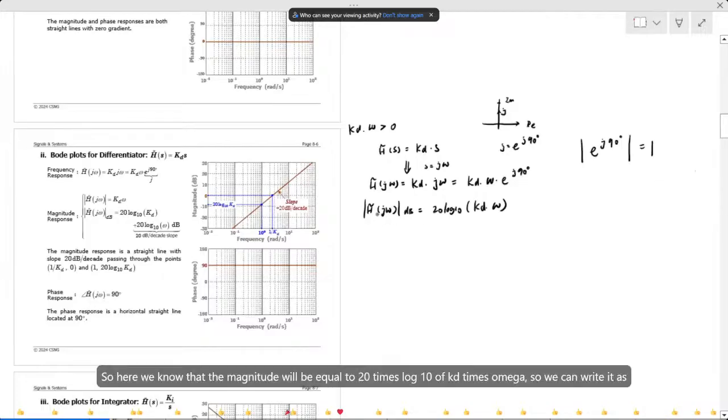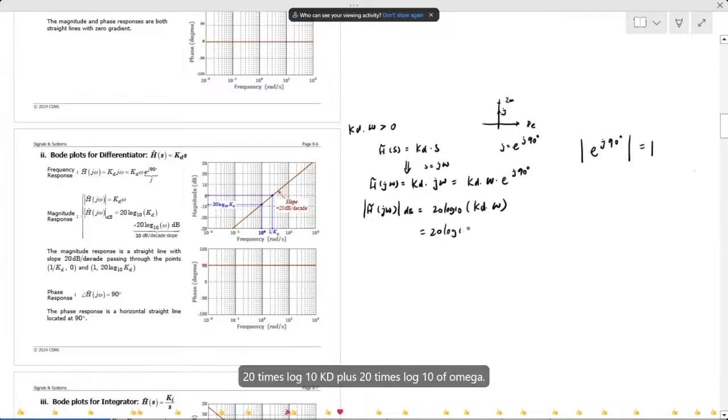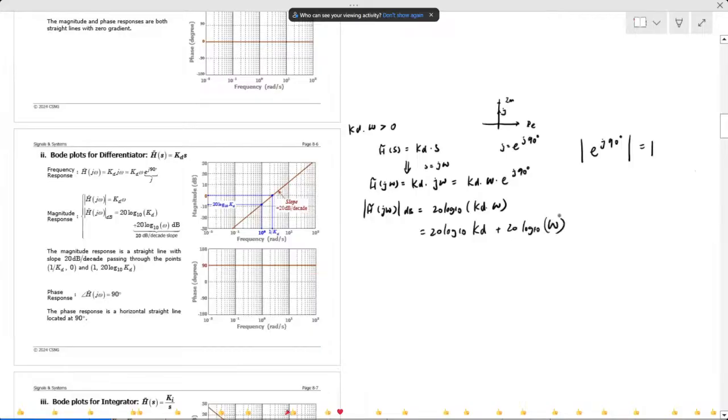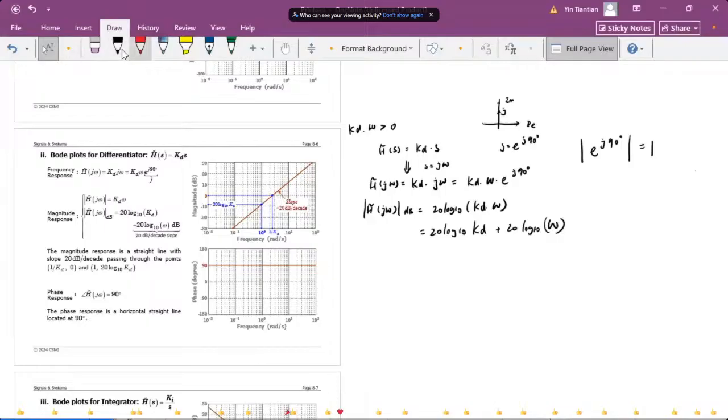So here we know that the magnitude will be equal to 20 times log 10 of KD times omega. So we can write it as 20 times log 10 KD plus 20 times log 10 of omega. Is that okay? So this is the magnitude in dB.